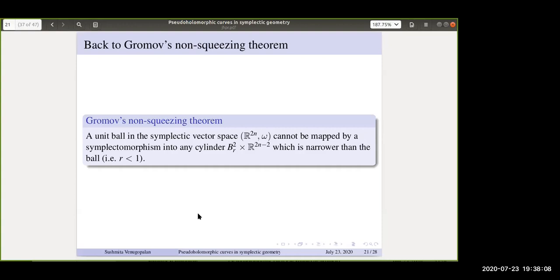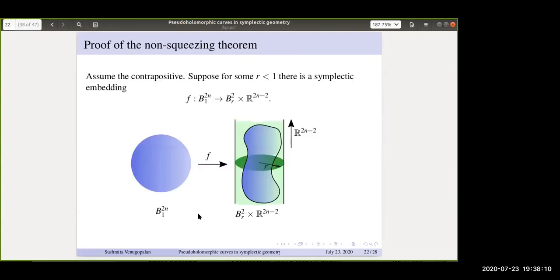In particular, you cannot have this picture if R is less than 1. In order to prove it, let's assume the contrapositive and assume that we do have a symplectic embedding from a unit ball to this thin cylinder. Let's call this F.